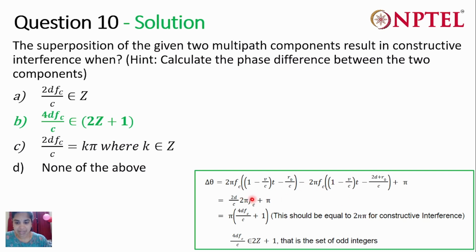I'm trying to find the phase difference between the two signals. What we are expecting is that the phase difference should be equal to 2n pi for constructive interference. So 4d fc by c should belong to 2Z plus 1, the set of odd integers.